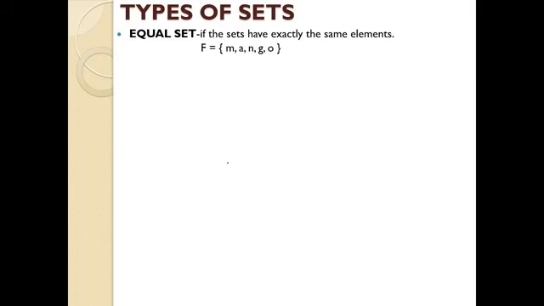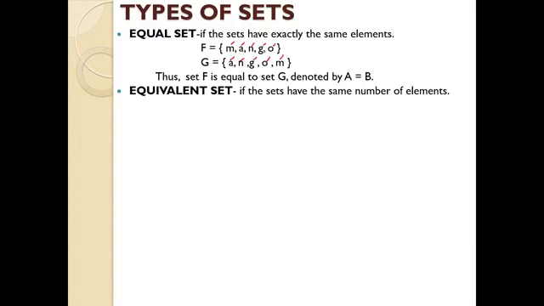Set F contains M, A, N, G, and O. Set G contains A, which is also found in F, N, which is also found in F, G, O, M, all found in F, meaning all the letters in G are also found in F. That's why the two sets are equal sets.